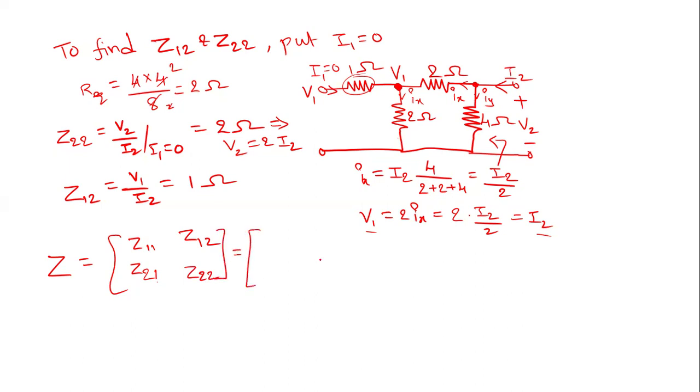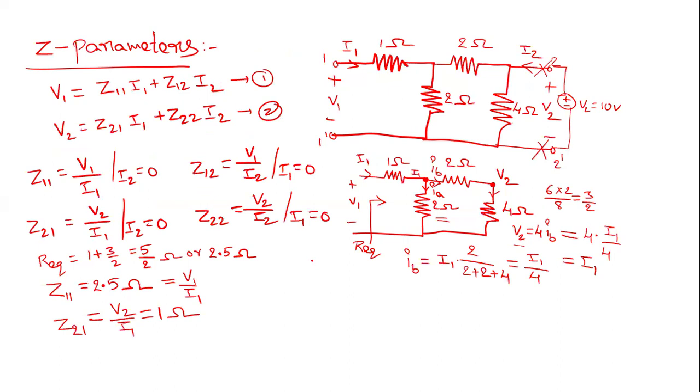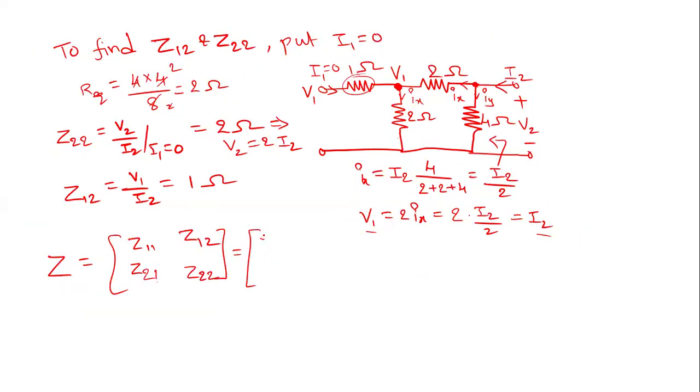We have obtained Z11 as 2.5 ohms. Z12 and Z21 are 1 ohm. Z22 is 2 ohms. Units are ohms. Okay, this is how we can measure the Z parameters for the given two-port network.